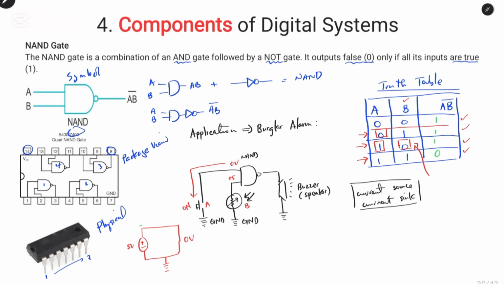That means this is off, and we have retained the 5 volts at input B. Now what will happen? If the inputs are 1 and 0, the output of the AND gate will be 0. When it is inverted, it will be 1. So we have 5 volts, which means the buzzer is switched on.